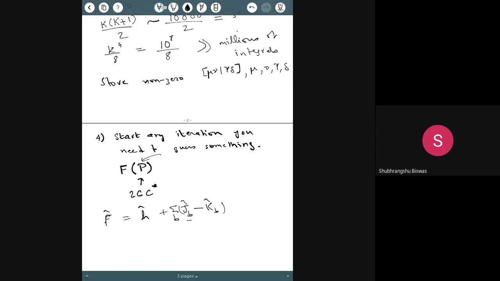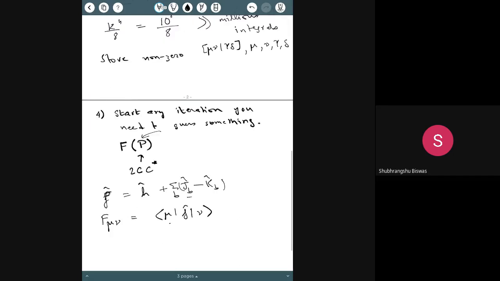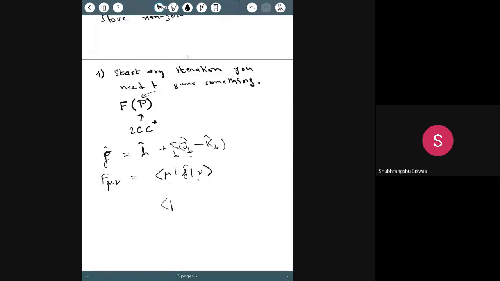The Fock integrals, on the other hand, that is F mu nu, is mu F nu, and this is in the atomic orbital basis. Also mu H nu is independent of the density matrix.